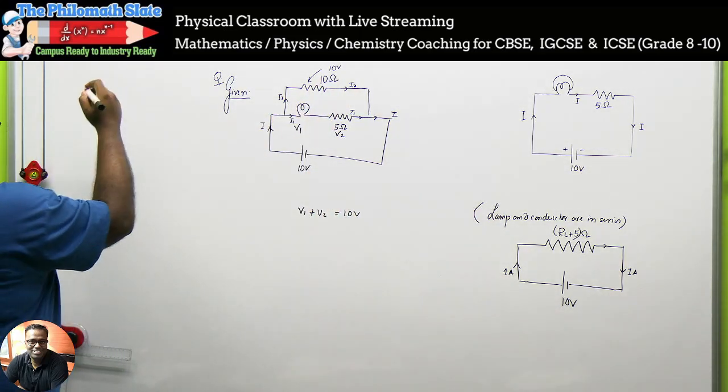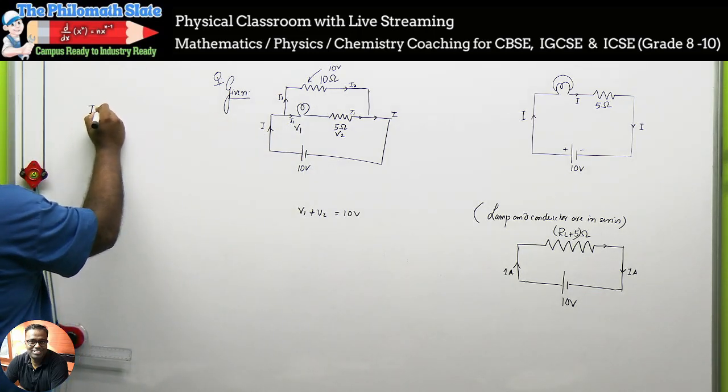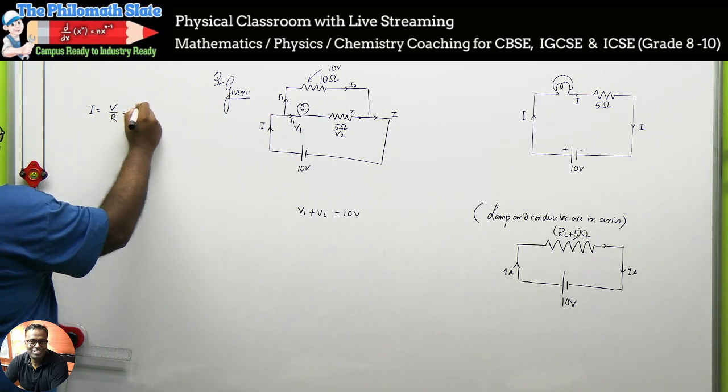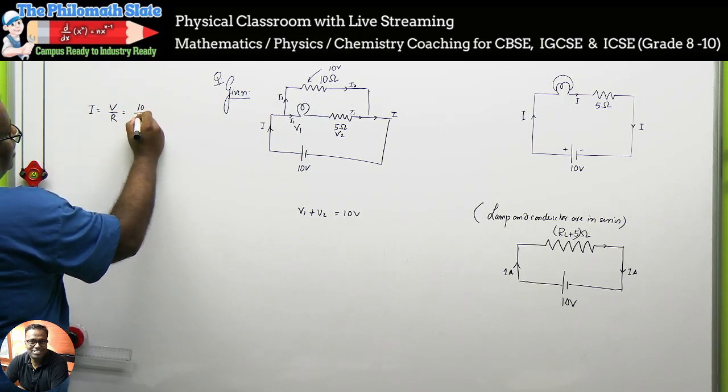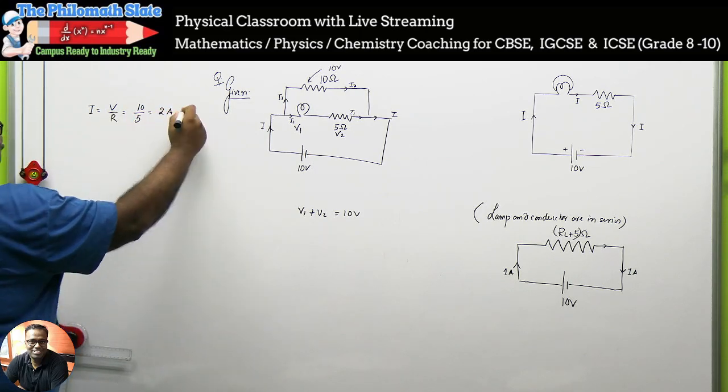So overall, the current is I equals V upon R. V remains 10 and R has become 5 now, so it becomes 2 ampere. This much we know.